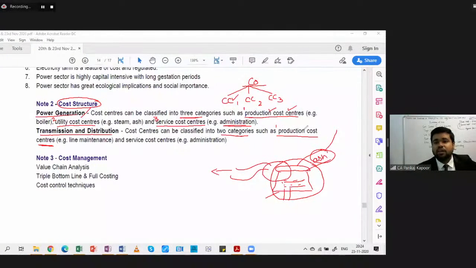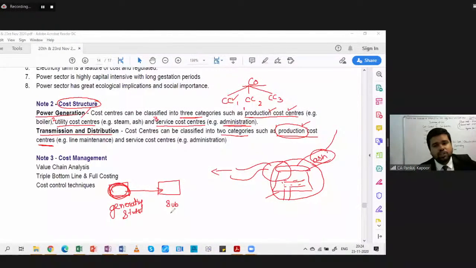You may ask, sir, they are not producing electricity. Yes, friend, they are not producing electricity. Here, production is not used as a verb. Here, production is used as a noun. The substation takes the electricity from the generating station where the power is generated. And this is the substation.